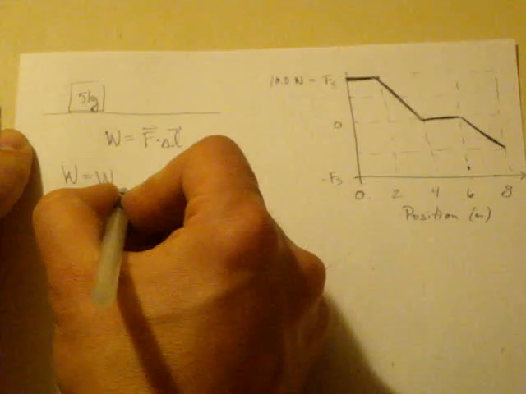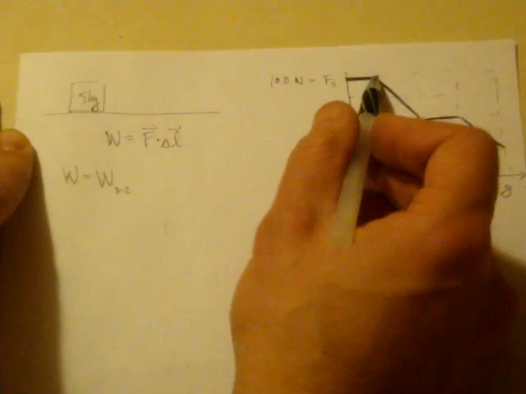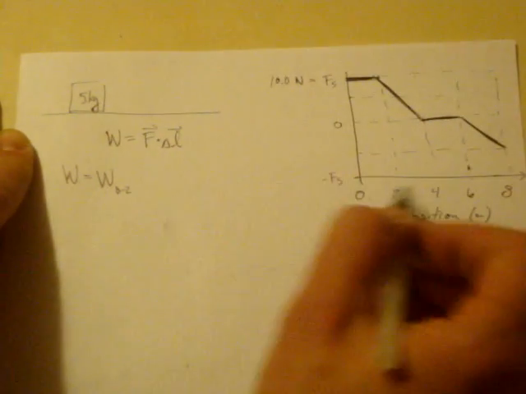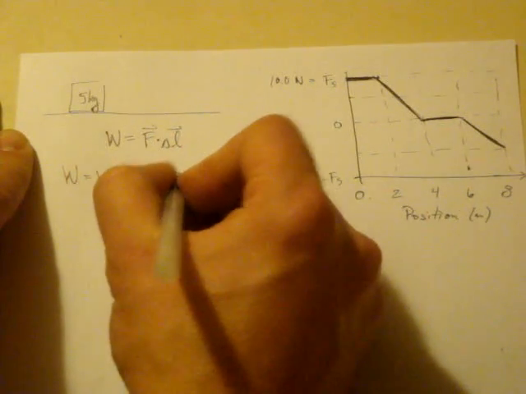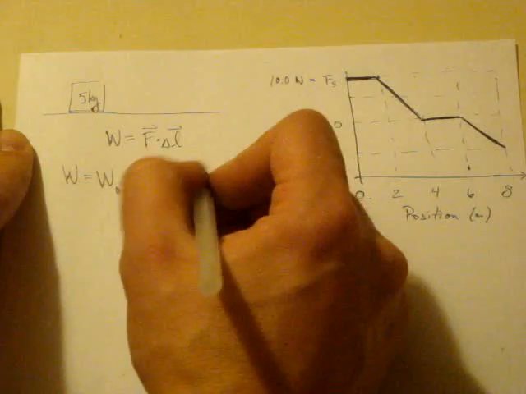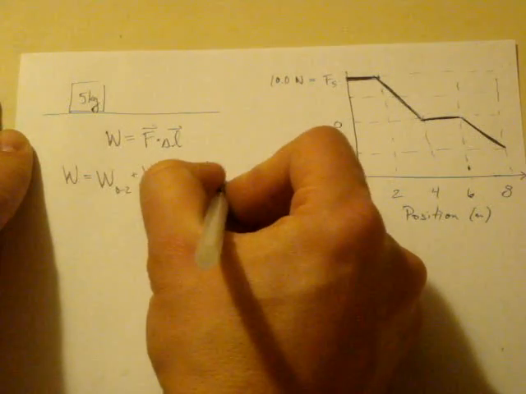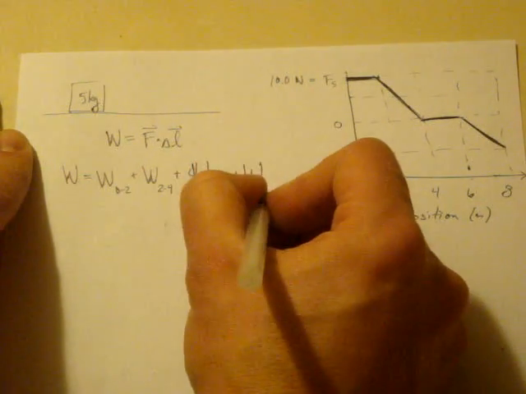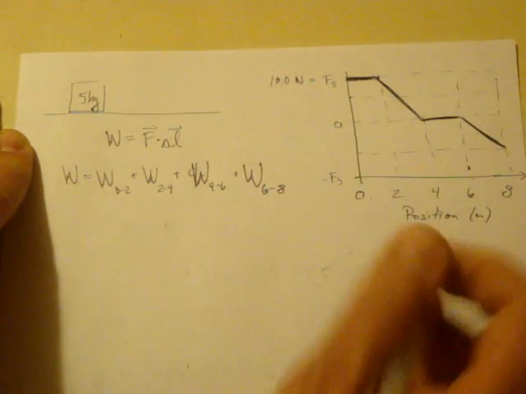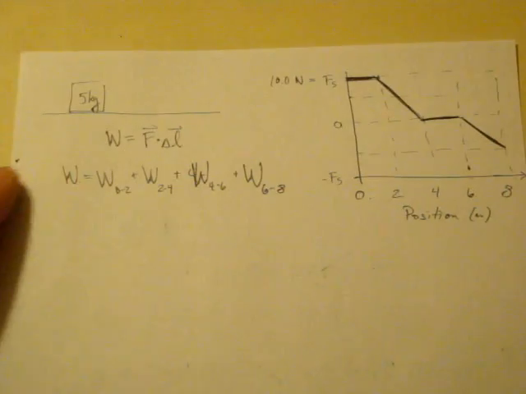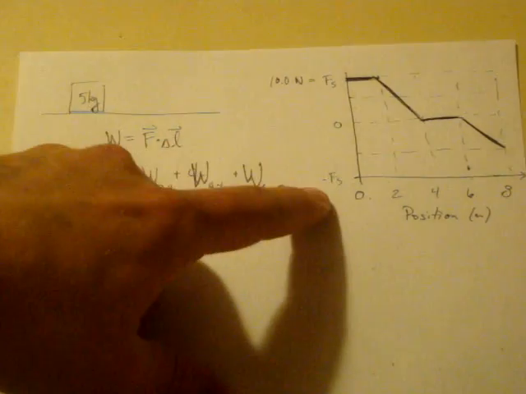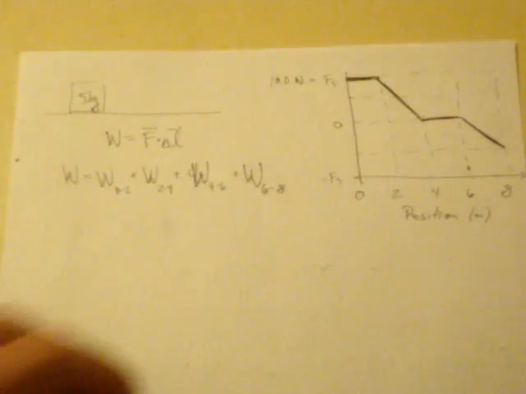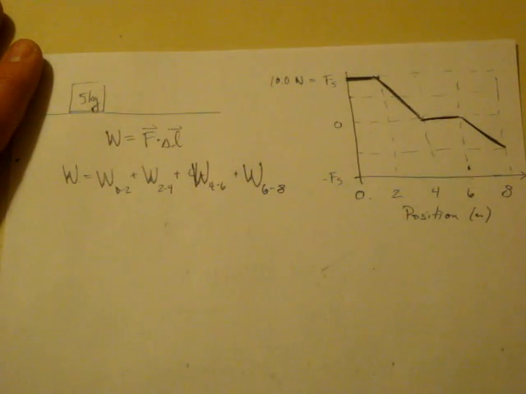The work done from 0 to 2 meters, plus the work done from 2 to 4 meters, plus the work done from 4 to 6 meters, plus the work done from 6 to 8 meters. Each of those little bits is going to contribute, and some of those quantities might be negative, since we have a force that's listed as a negative quantity, and we might see that as being a real issue.